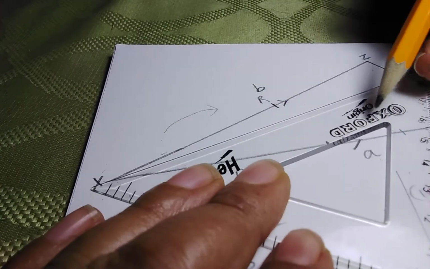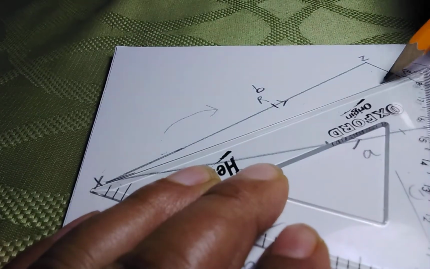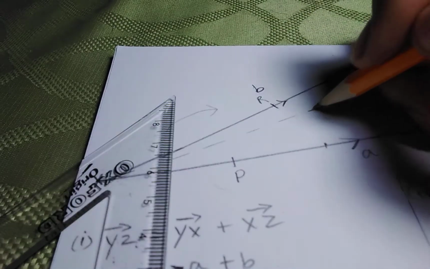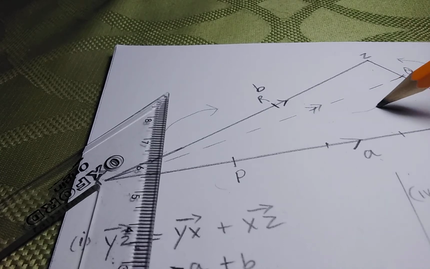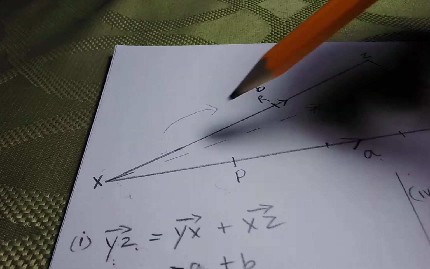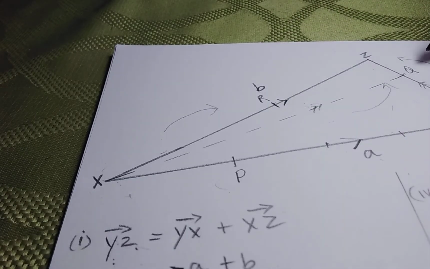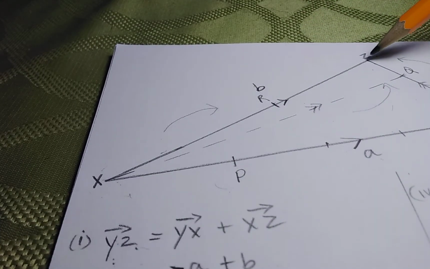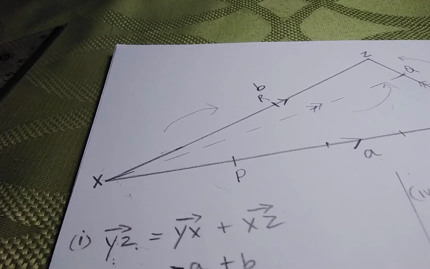I draw my broken line from X to Q. All right, so this is the resultant. So we're going to treat it like it's going anti-clockwise. So we have to go clockwise direction. So since it says XQ, we're going to start from X to Z and then Z to Q.